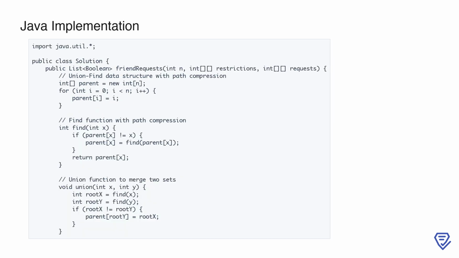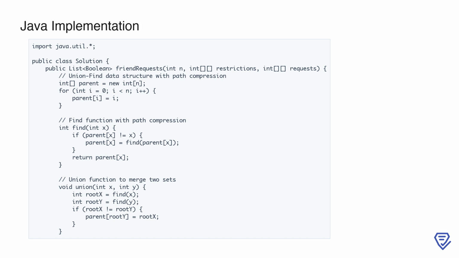Here, we start by setting up the union-find data structure, which is essential for efficiently managing connected components in this problem. The parent array is initialized so that each node points to itself, indicating that initially, each node is its own leader or representative. Next, we define the find function. This function is responsible for returning the leader of a given node, and it uses path compression to optimize the structure.